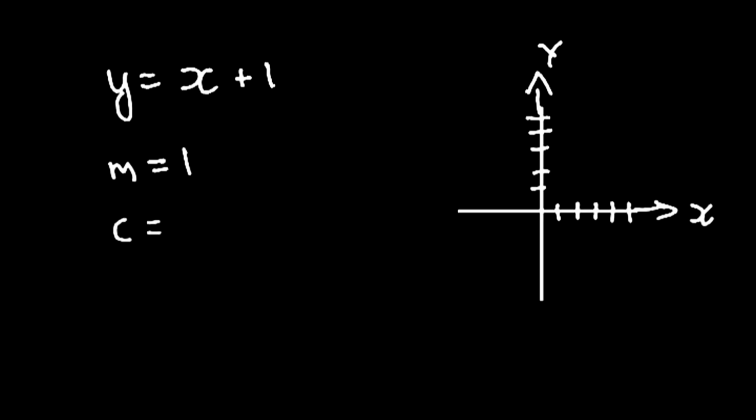And c is equal to 1. If it was x minus 1, c would be equal to negative 1. So now that we have these two, we can sketch the line.